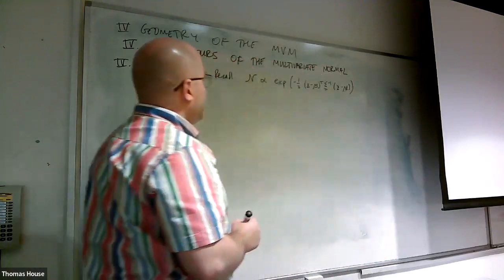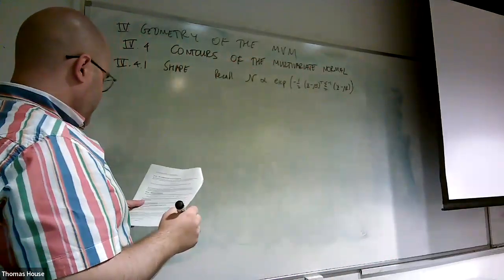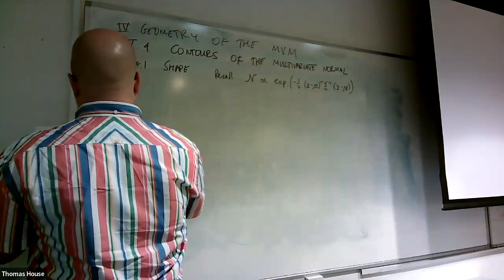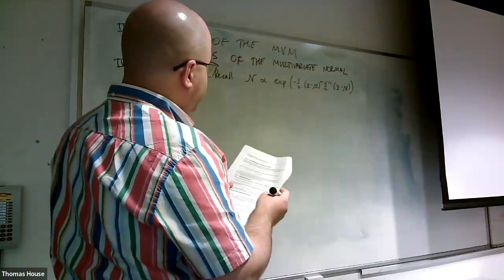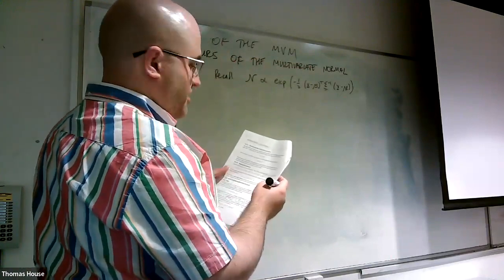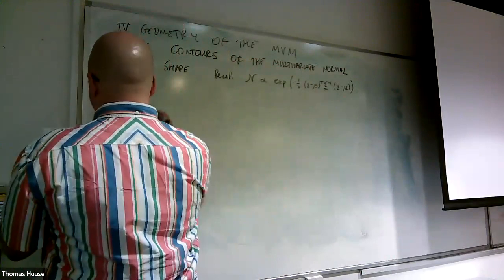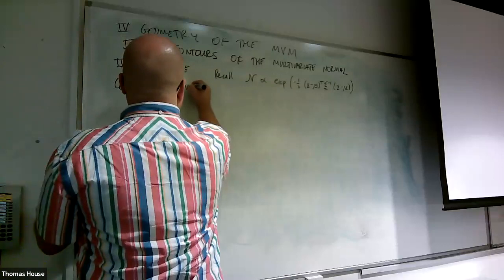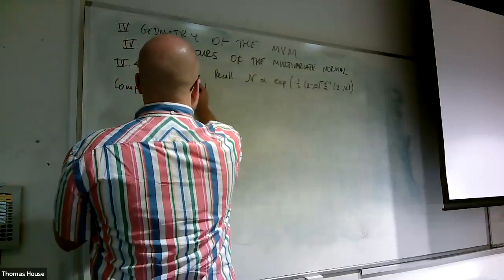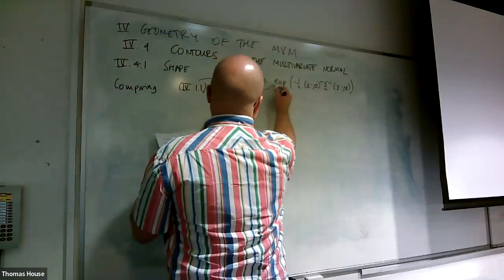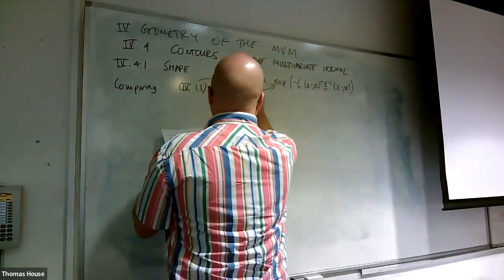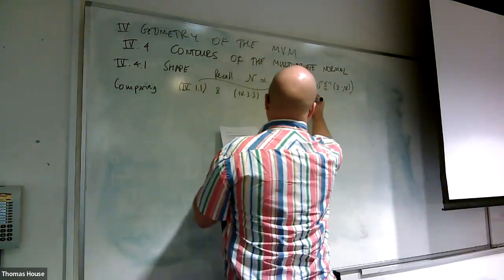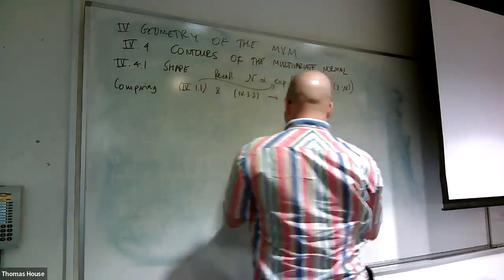And if you remember, I should have called the definition of the Mahalanobis distance 4.3.3. So comparing 4.1, which is this expression here, and 4.3.3, which is the definition of delta for the Mahalanobis.